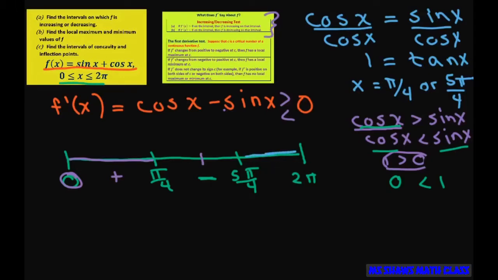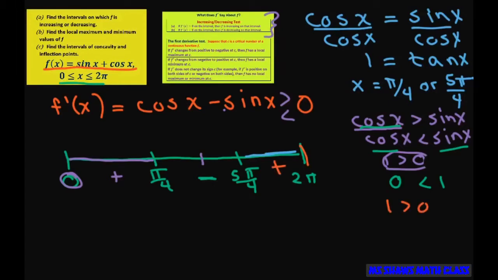Then I can plug in 3 pi divided by 2 for this interval here. And let's just plug in 2 pi, and then we'll still get 1 is greater than 0.